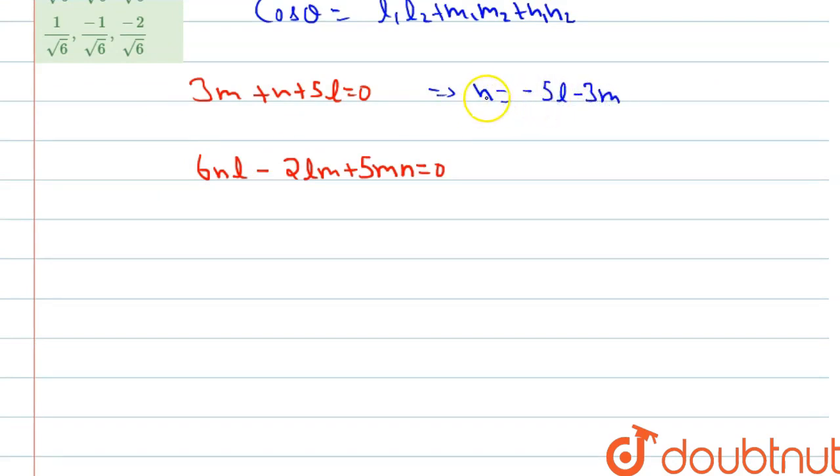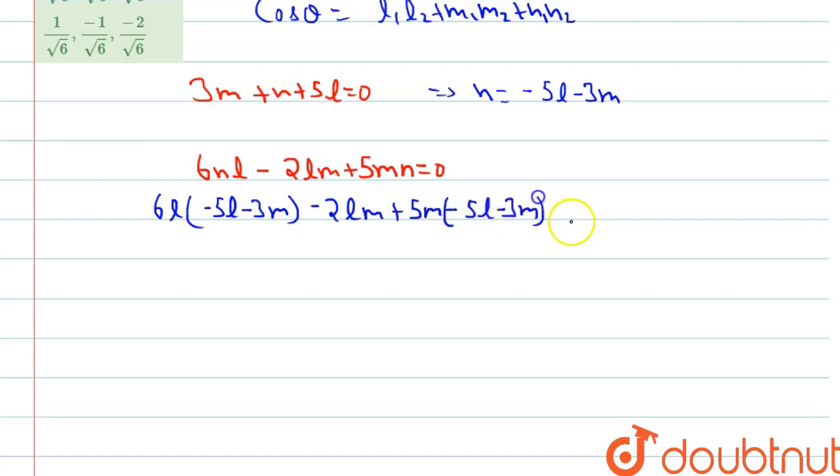Now we will put the value of n in the second equation and solve it. So we write 6l(-5l - 3m) - 2lm + 5m(-5l - 3m) = 0. I have just put the value of n in this form. Now let's solve this.